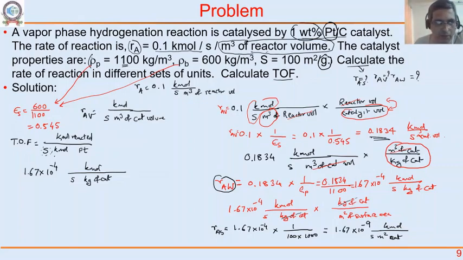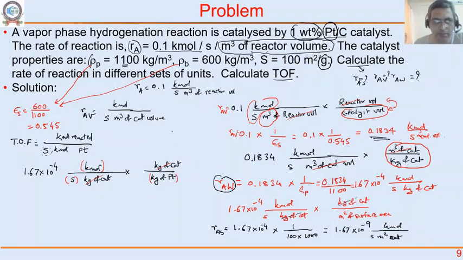So I want kilomoles per kg of platinum. If I multiply this by kg of platinum per kg of catalyst, this kg of catalyst would cancel, and I will have kilomole per second per kg of platinum.